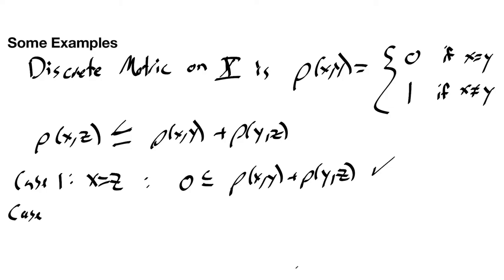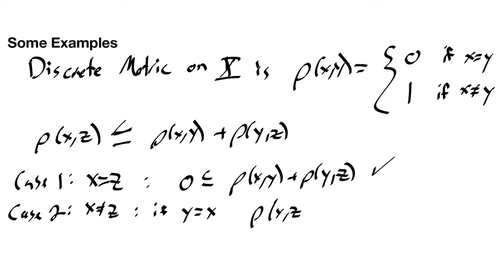A second case is the case where x is not equal to z. Then we have to ask, is y equal to one of the others? If y is equal to, say, x, then we get 0 is less than or equal to 1 plus 0. Sorry, let's actually write the thing out so I don't mess up one more time.